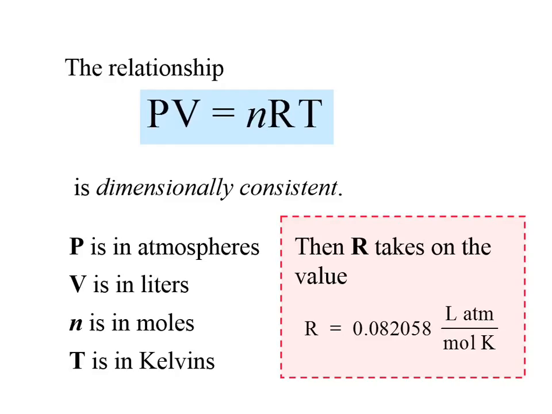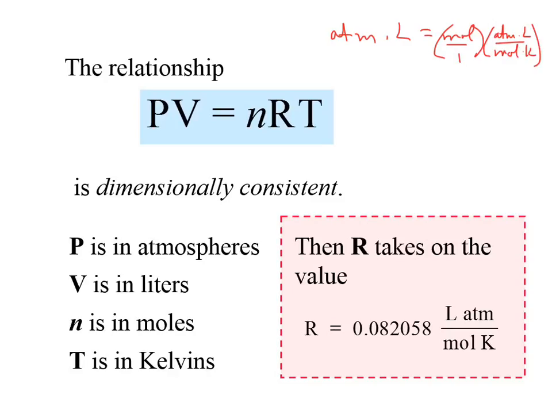And let me just show you how that works. So pressure, I said, was in atmospheres. Volume is in liters. N is in moles. I'll put moles over 1. Our R is in atmospheres, liters, ATM, liters per mole Kelvin. I'm kind of running out of room here.